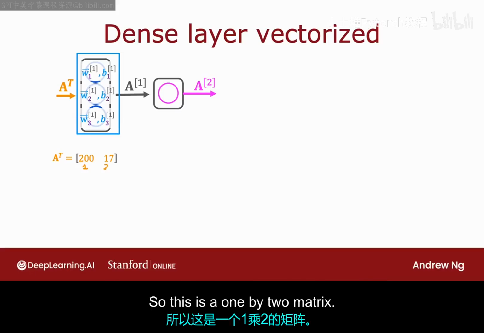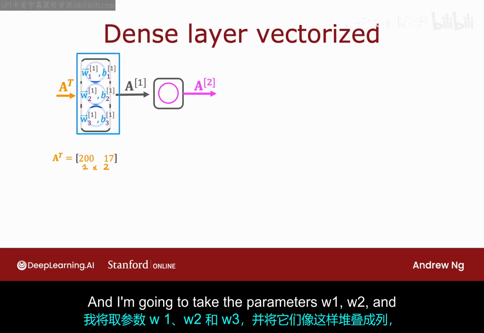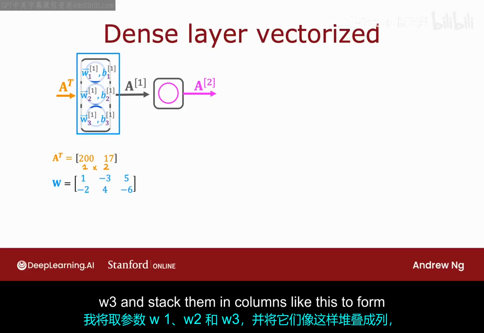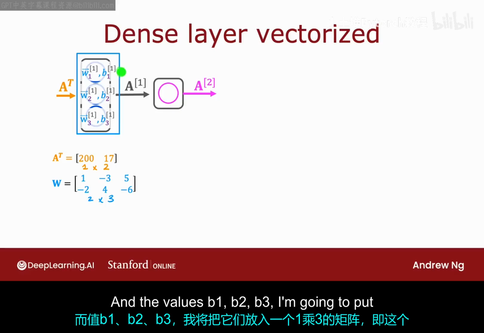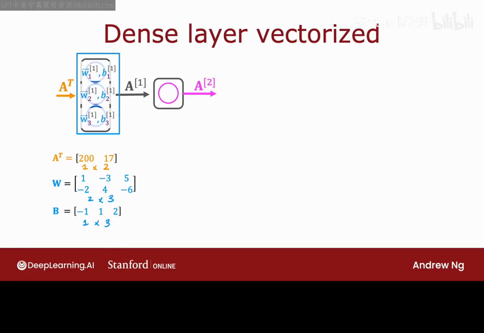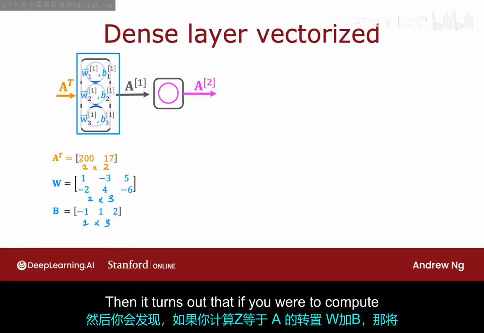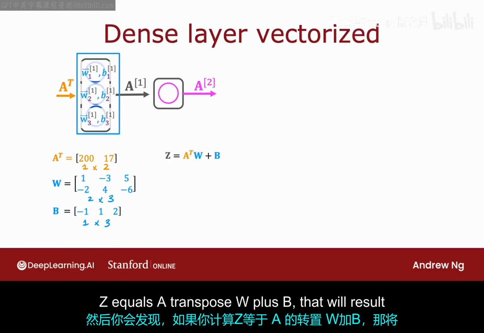So this is a 1x2 matrix, and I'm going to take the parameters W1, W2, and W3 and stack them in columns like this to form this matrix capital W. And the values B1, B2, B3, I'm going to put into a 1x3 matrix, that is this matrix B, as follows.